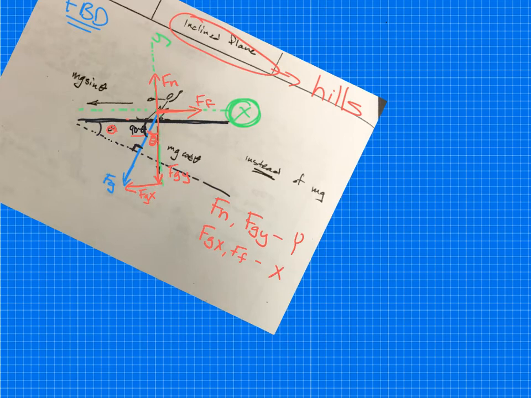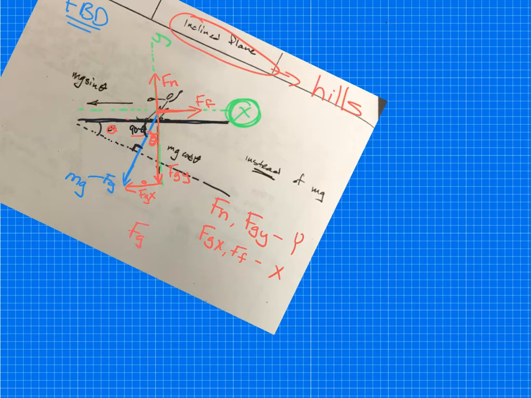Now, is there a way to calculate these forces? Absolutely. So how do you find the force of gravity? That's still mg. And how do you find the components of gravity? Let's use some trig in this triangle. Well, the force of gravity x is opposite the angle we know. So anytime you're solving for the opposite side, you use sine.